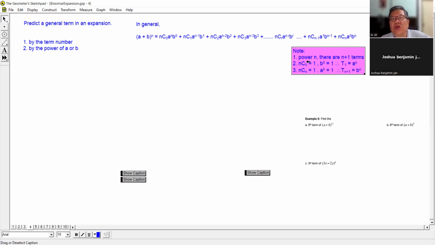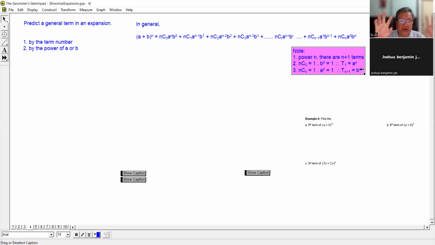Now, the second thing you need to note is that the first term is NC0. Let's say 4C0, b to the power of 0, then a will be to the power of 4. The last term is 4C4, 1, then a to the power of 0, then b to the power of 4.